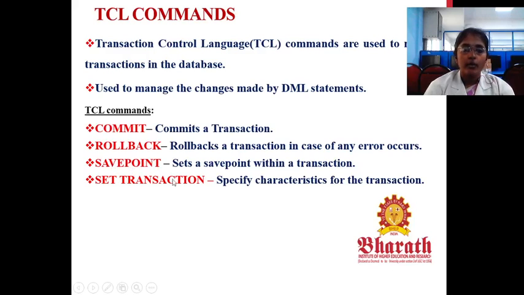Then savepoint. Savepoint is a point set within a large transaction; during the transaction of a large record, the savepoint helps to find out where to roll back and where to commit again. Likewise, set transaction is used to specify the characteristics of a transaction, and every detail about the transaction will be specified using the set transaction keyword.